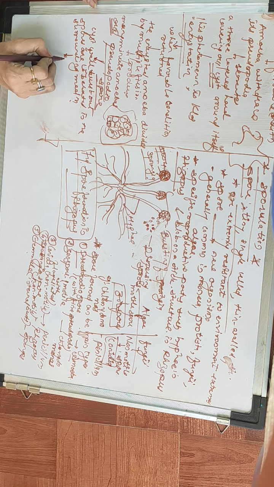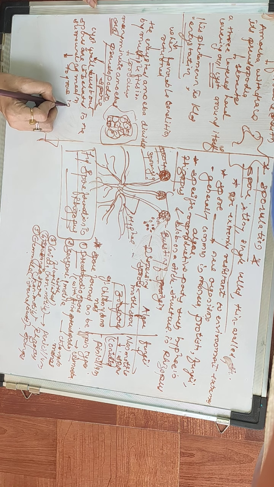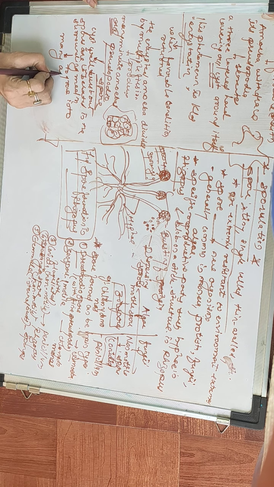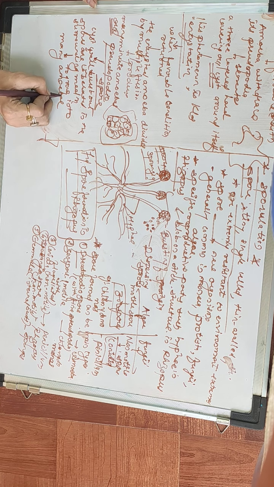Once they get a favorable surrounding medium, they grow into many amoebae. That is called sporulation in amoeba.